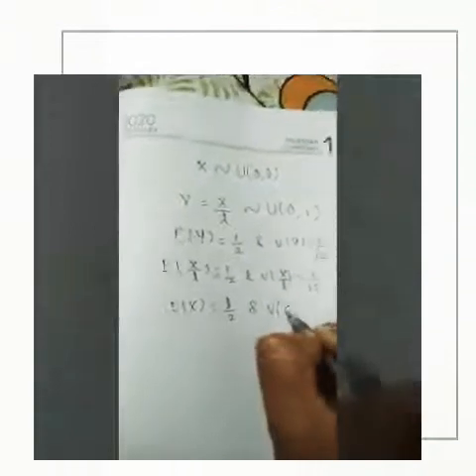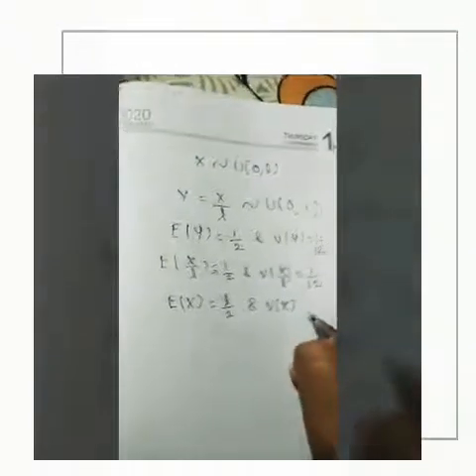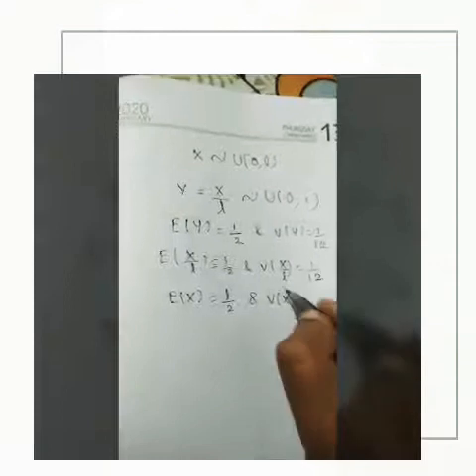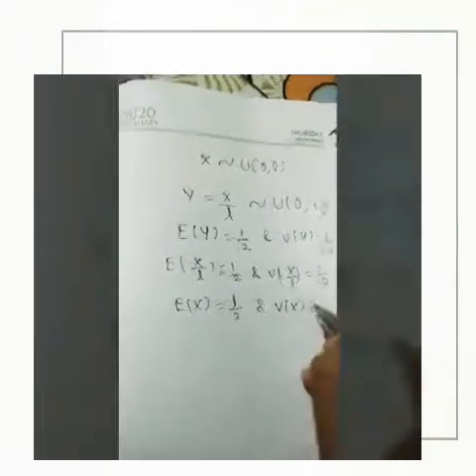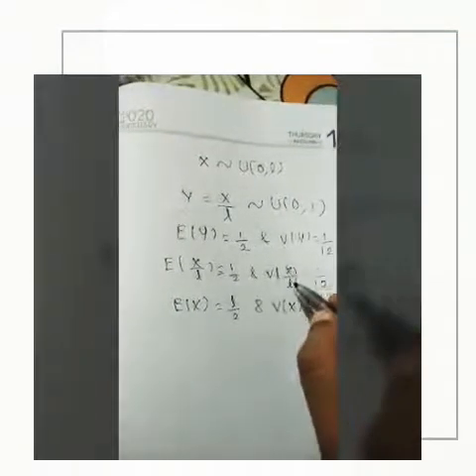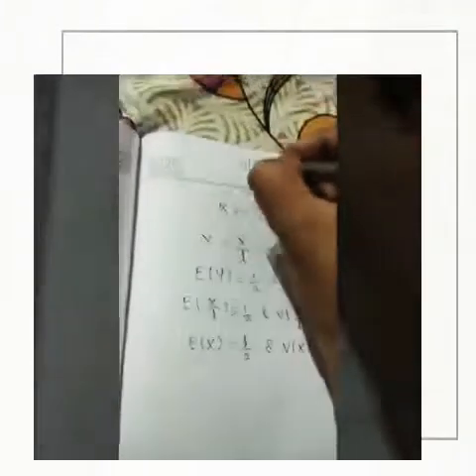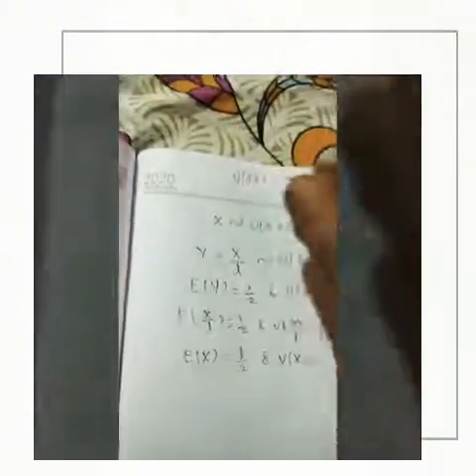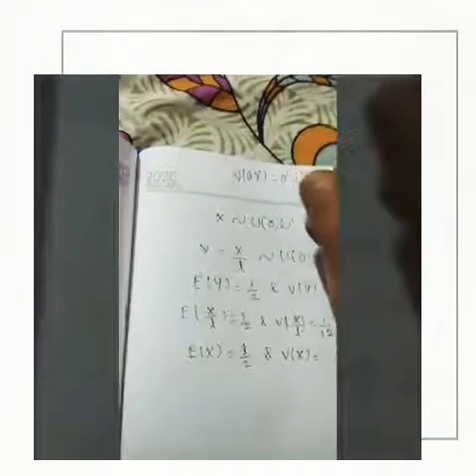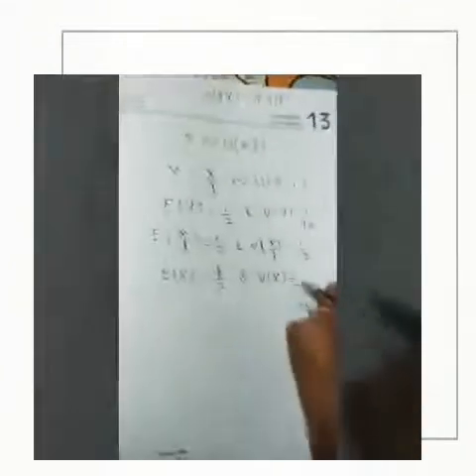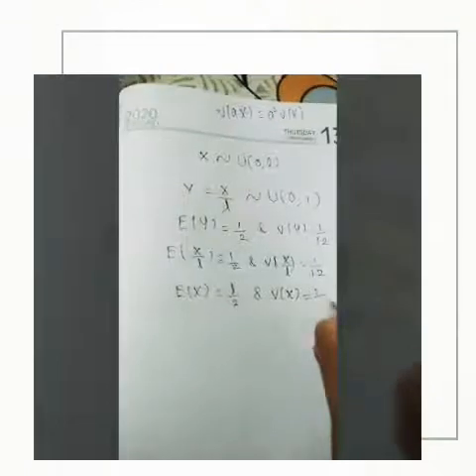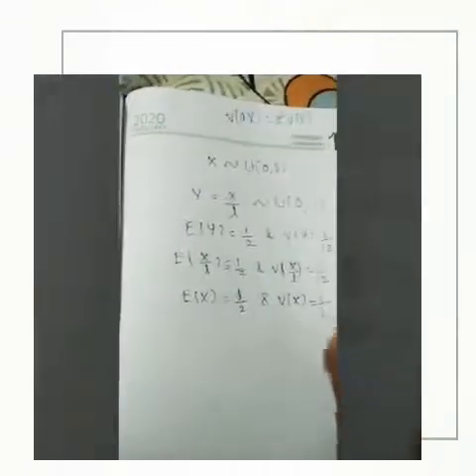Variance of the minimum or shorter of the two pieces: we know that variance of a random variable ax is equal to a square into variance of x.